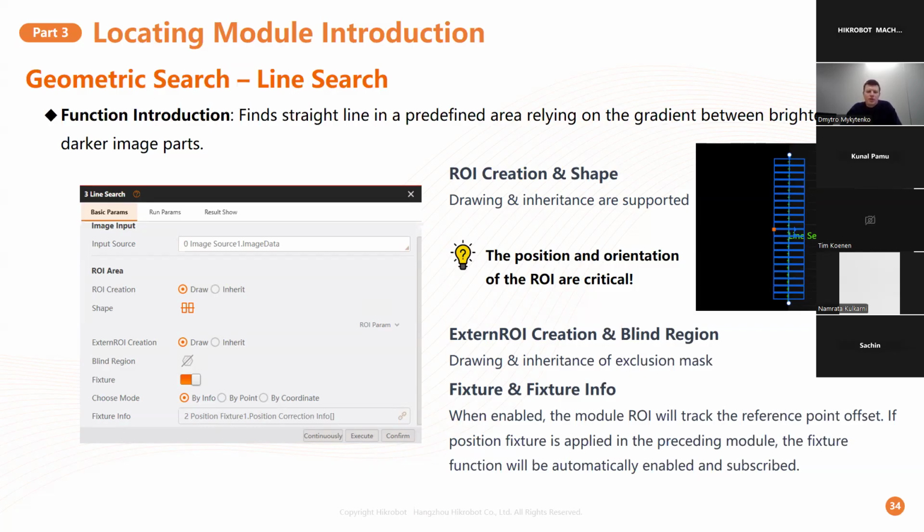The module supports both drawn and inherited ROIs, as well as exclusion regions, and can follow the reference established by positioning fixture when it's enabled, of course.